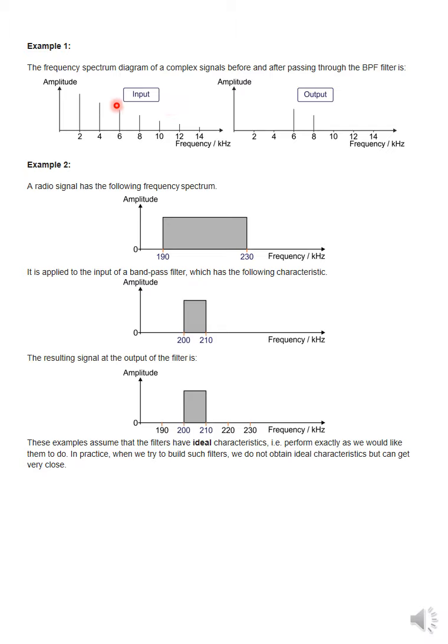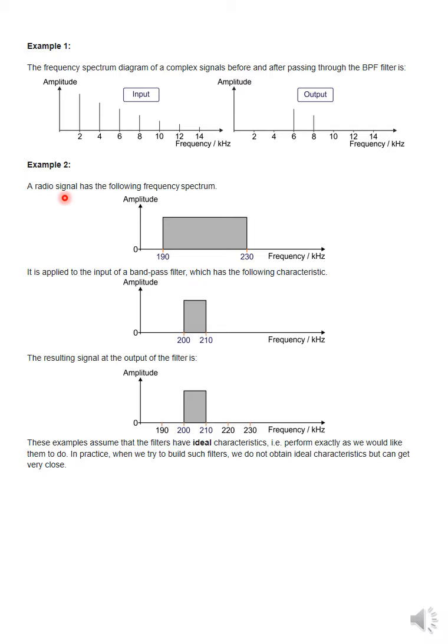Frequencies below 4.5 kilohertz or above 9.5 kilohertz are blocked, and no trace of them remains. It will pass all the frequency components between this range, and the remaining on either side are blocked.